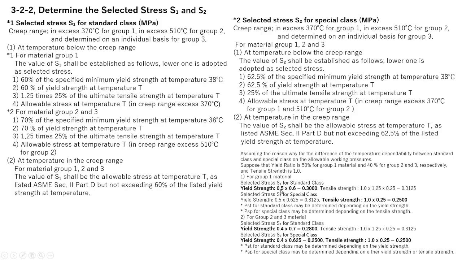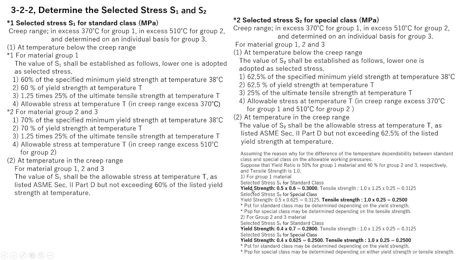So 0.5 multiplied by 0.6 equals 0.300. Tensile strength is assigned 1.0. 1.0 multiplied by the standard class's 1.25 times 25% of the ultimate tensile strength: 1.0 multiplied by 1.25 multiplied by 0.25 equals 0.3125.